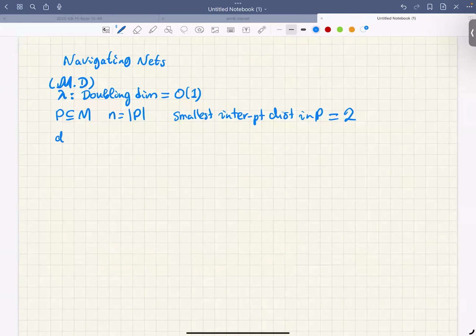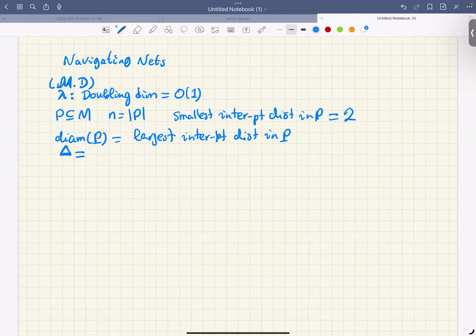You still remember this function, right? So this is the diameter. This diameter is defined as the largest interpoint distance in P. So this is called the diameter of the data set. Something else we still need is this aspect ratio.